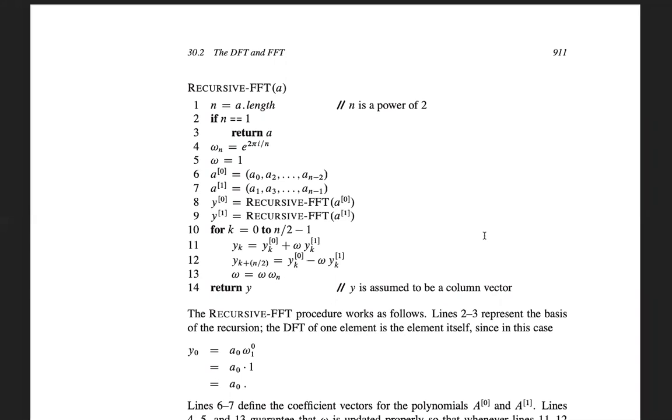Second, moving between the coefficient representation and the evaluation representation is in general very complicated. But if we choose the points at which we evaluate carefully, then that becomes outstandingly easy.